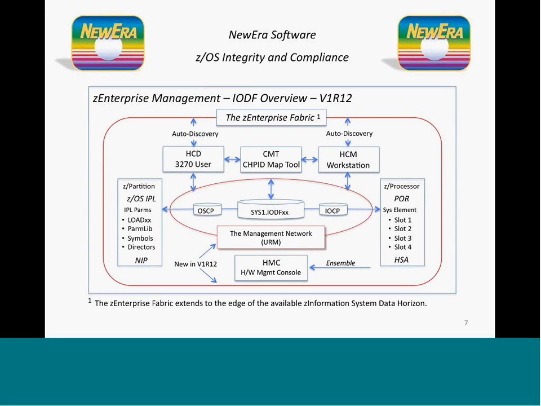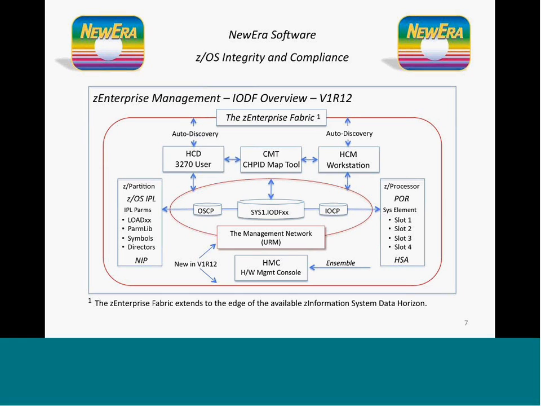We're going to focus on HCD and HCM, and also going to be introducing you to the Unified Resource Manager, sometimes referred to as the Management Network, and the implications that it has for the integration of the z/OS environment with the zBX environment that contains the Unix blade servers that we believe will become so popular as we move forward in time.